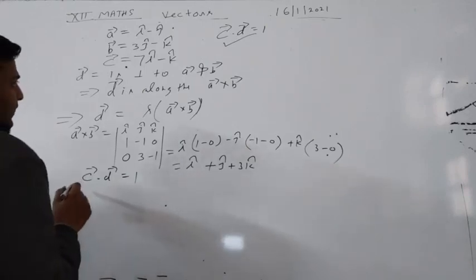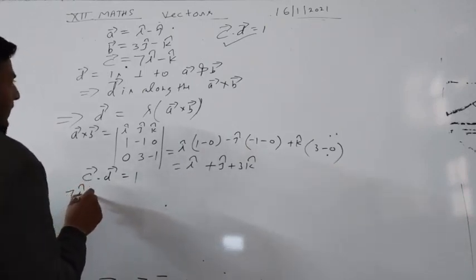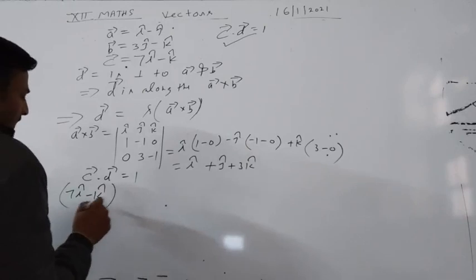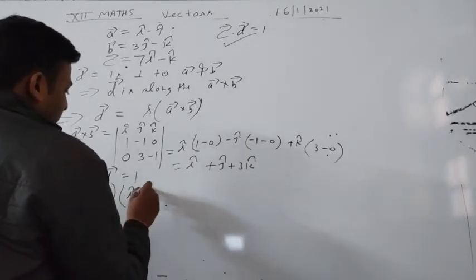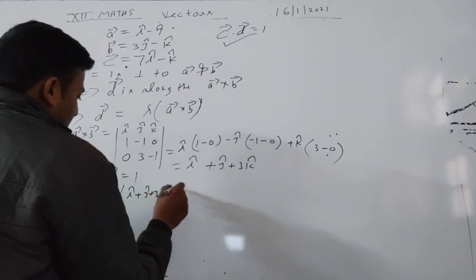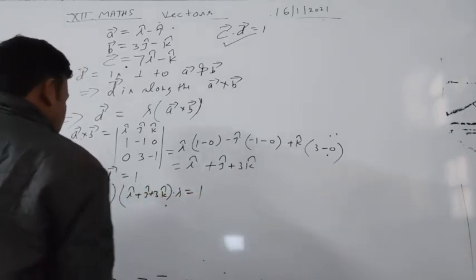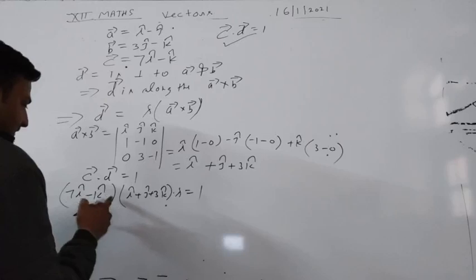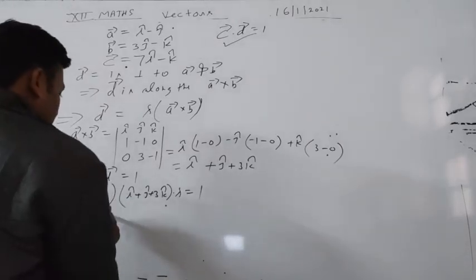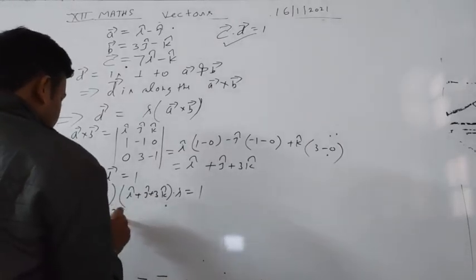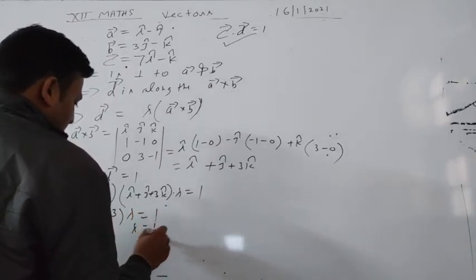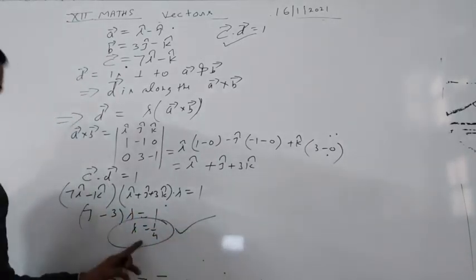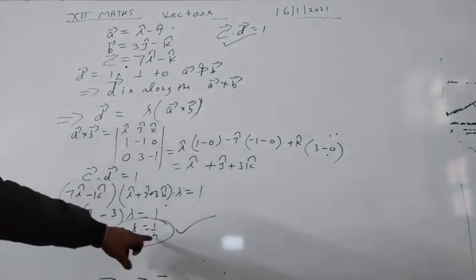Our C vector is 7i minus k, and D vector is lambda times (i plus j plus 3k). So we write 7, and this will be 0 and minus 3, and this equals 1. So lambda is 1 by 4. From here we are getting lambda is 1 by 4.